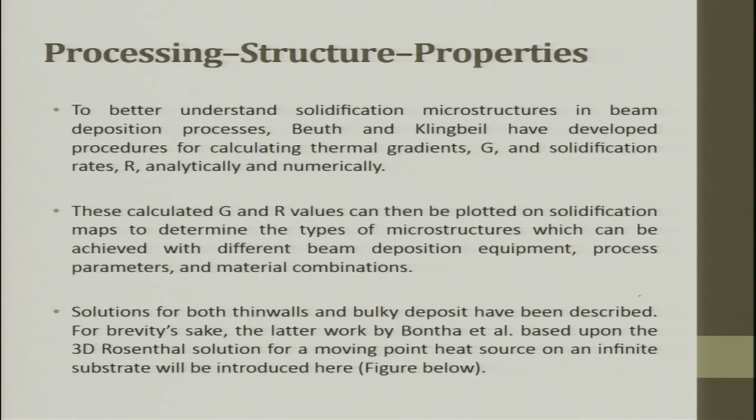For better understanding of microstructure in beam deposition processes, Booth and Gingley have developed a procedure for calculating thermal gradient G and solidification rate R analytically and numerically. So, there is a G factor and an R factor: thermal gradient and solidification rate. The calculated G and R values can be plotted on a solidification map to determine the type of microstructure which can be achieved with different beam deposition equipment, process parameters and material composition.